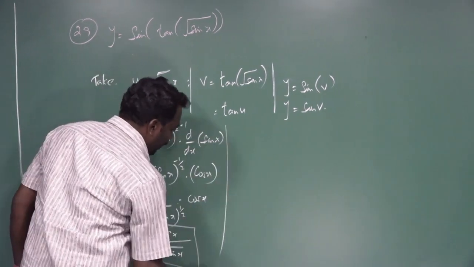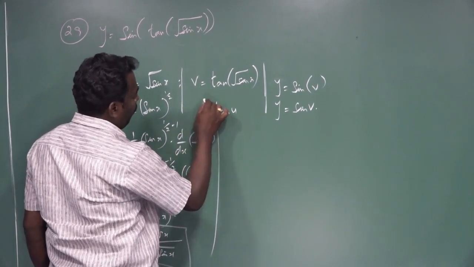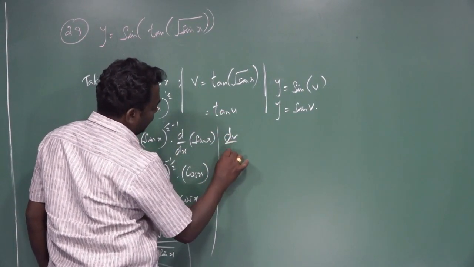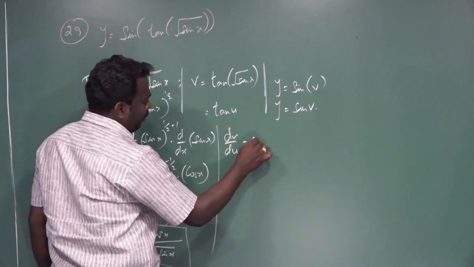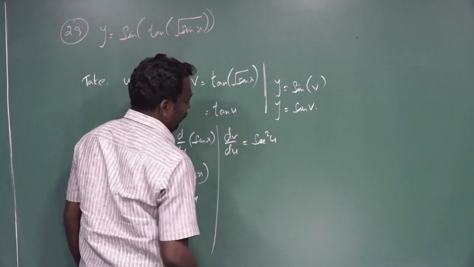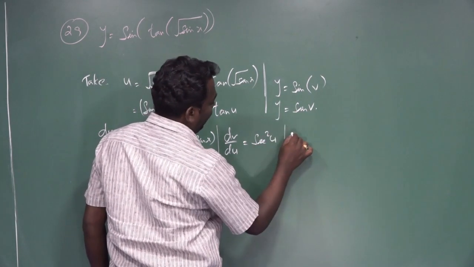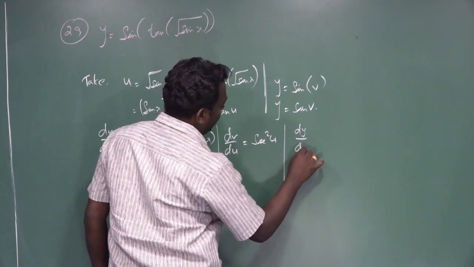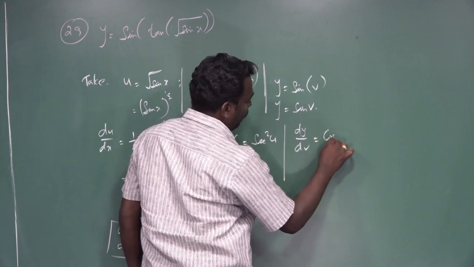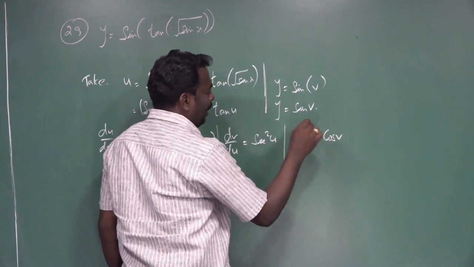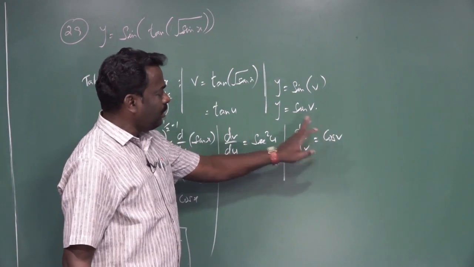Now the v function differentiated with respect to u: dv by du equals the differentiation of tan, which becomes secant square u. Then the differentiation of y with respect to v: dy by dv equals the derivative of sin v, which is cos v.